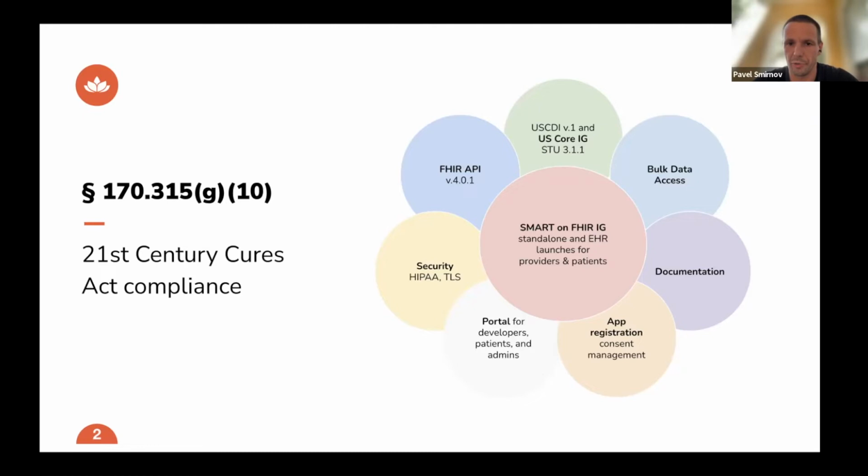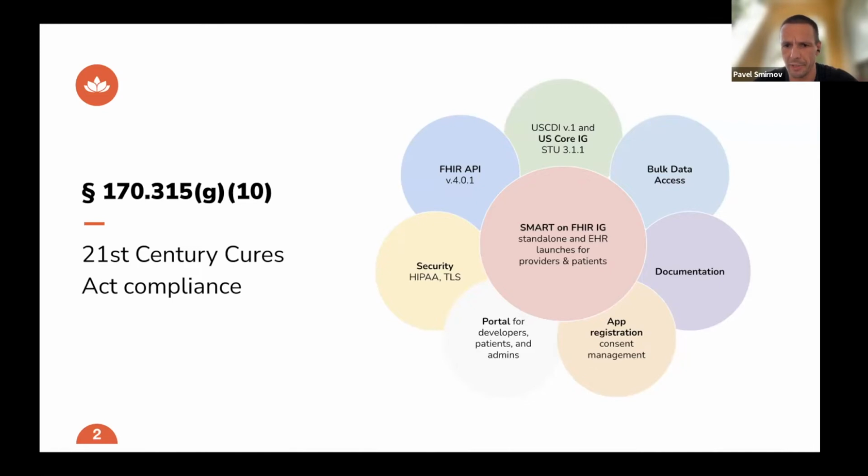ONC chose version 4 for this year. And you can implement perhaps not the full FHIR API, but a subset of FHIR API, which is defined by a US Core implementation guide. And you need to bring this FHIR API for all USCDI data elements.